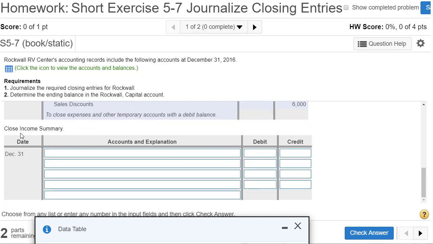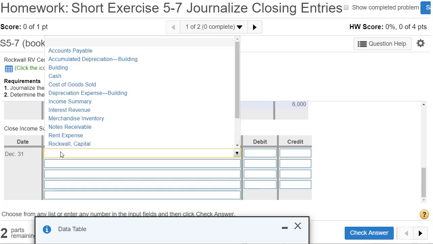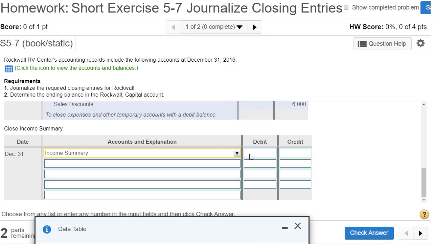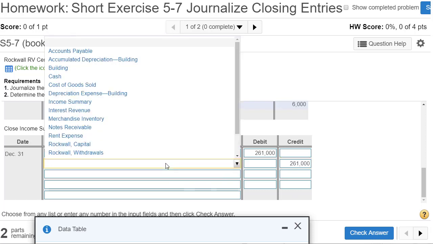So again, we're closing income summary. 261,000. That means we also have to credit the other account. And what account do we close income summary to? We close it to the capital account.